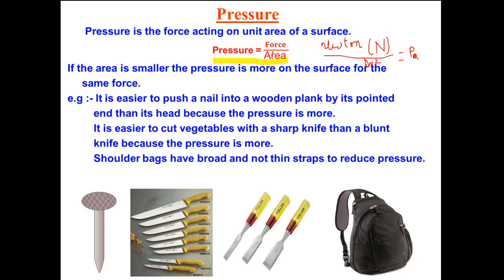Now see, if area is more, pressure will be less, and if area is small, then pressure will be high. For example, it is easier to cut vegetables with a sharp knife than a blunt knife, because the pressure due to a blunt knife will be less.